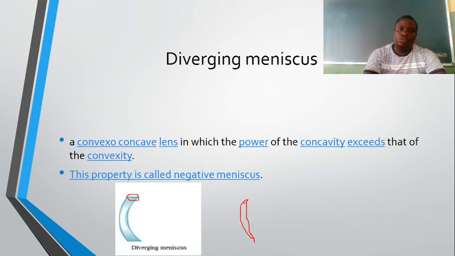There is no distance between the two surfaces, but here you can see there is a distance between the two surfaces of the lens. So those are the three subtypes that we find in concave lenses.